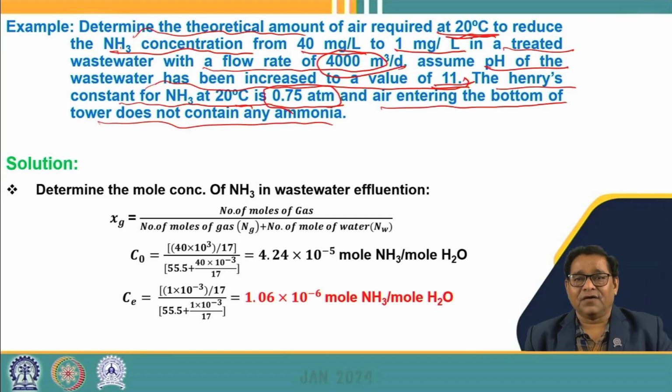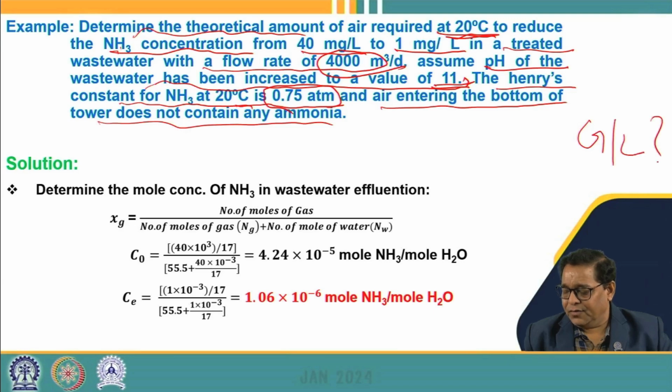So first of all, we have to determine the amount of air required, that is, the G by L ratio. For this, first we have to find the molar fraction of the solute present in the water and the air phase.